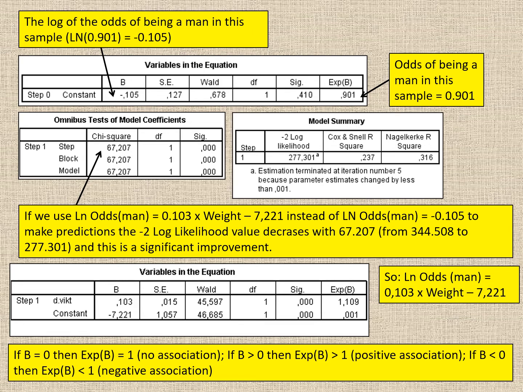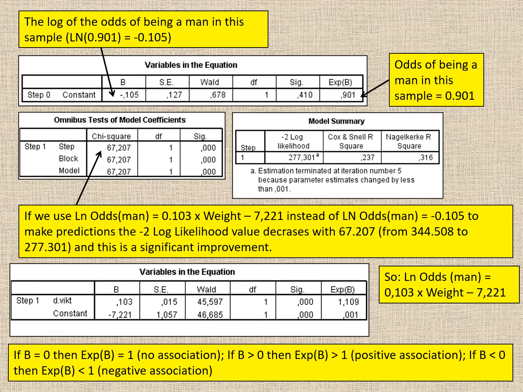It means that if the predictor increases by 1, we multiply the odds with 1, which means that we don't do anything with it. It remains the same. If there's a positive association between the predictor and the odds for outcome, then this value, as in our case, is positive, and this value becomes higher than 1. It means that the odds for outcome increases when the predictor increases.